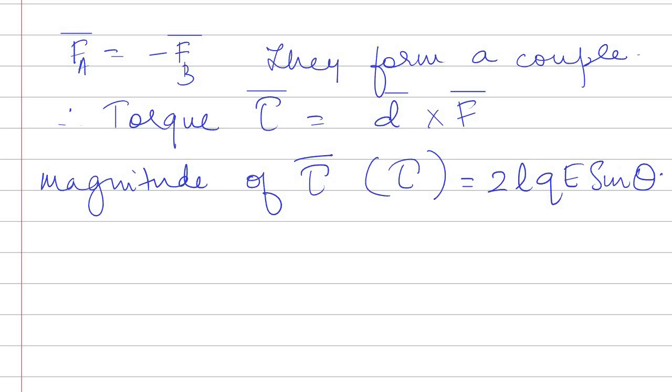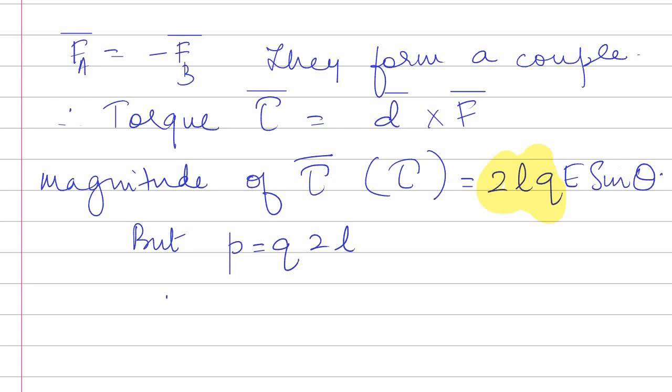Now 2L into Q is the electric dipole moment P, since P is equal to Q into 2L.